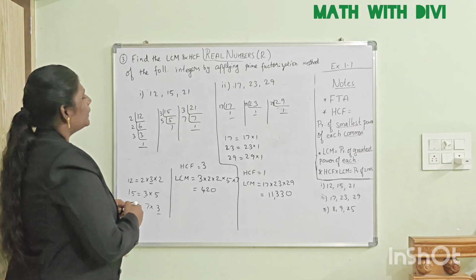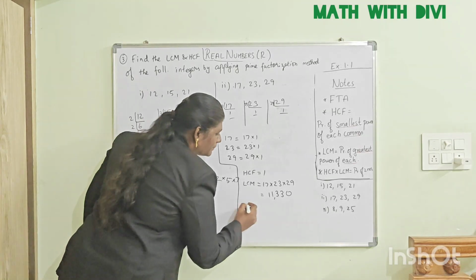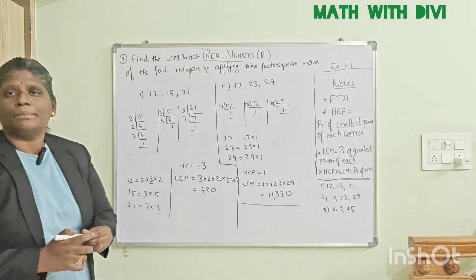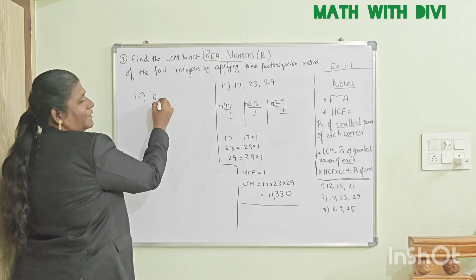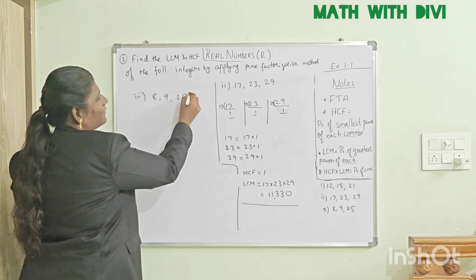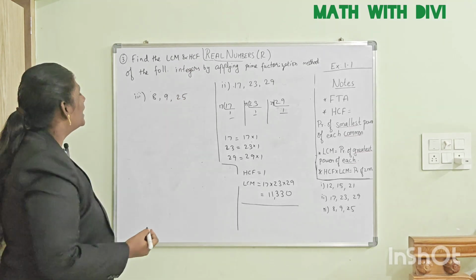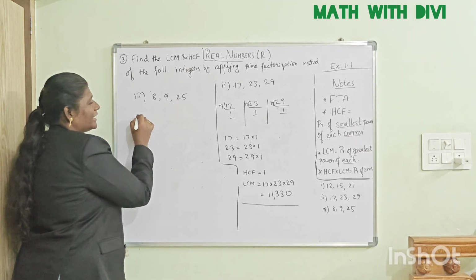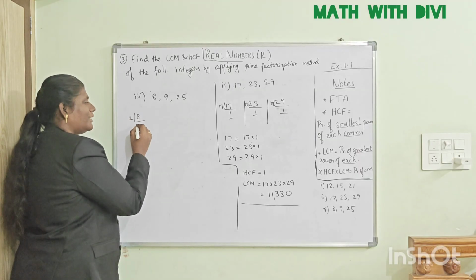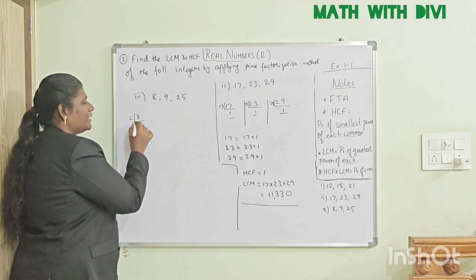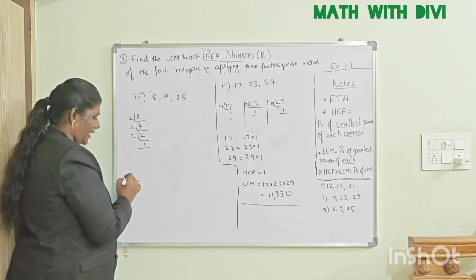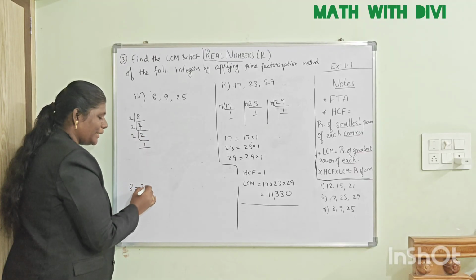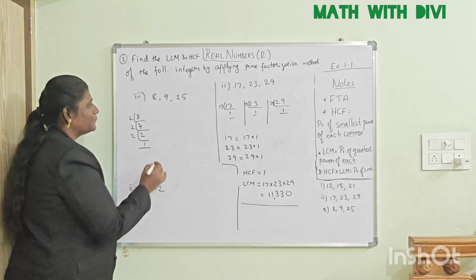Next, the third sum: 8, 9, 25. Let's do prime factorization for 8. 4 2s are 8, again 2, 2, 2, 1. So 8 can be written as 2 into 2 into 2.